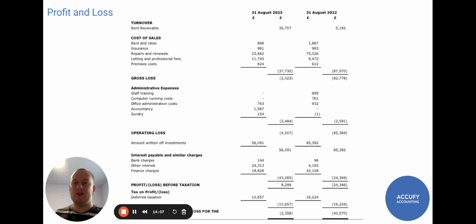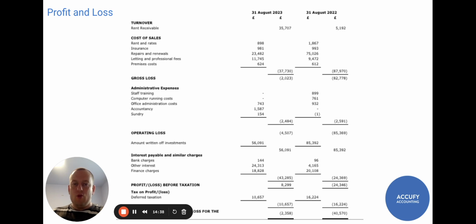Basically those expenses that are not directly essential to the running of your business, which would be treated in the cost of sales, but that's the easiest way to describe it. Once we have admin expenses, then we'll come to an operating loss figure. In this case, it's an operating loss rather than operating profit. Essentially operating profit or loss is gross profit or loss less admin expenses.